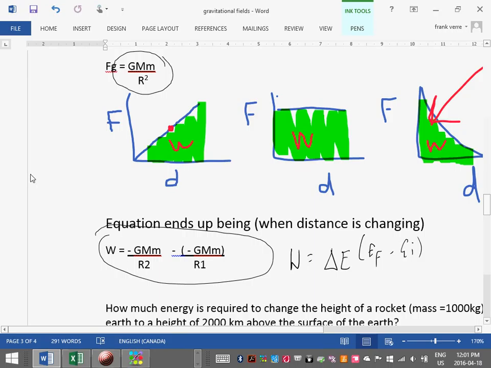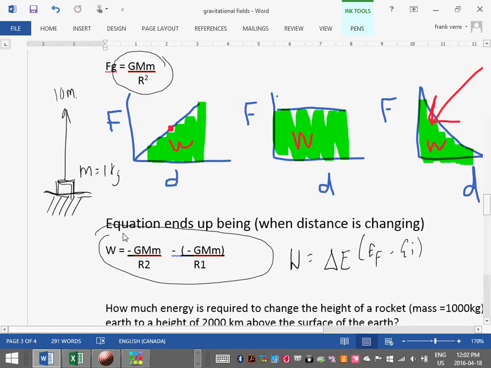Now, if you take an object, let's say it's a block, resting on the ground, and let's say the block had a mass of 1 kilogram, and you lifted it to a height of 10 meters. How would you figure out how much gravitational potential energy you added to it? What was the equation you learned in grade 11?